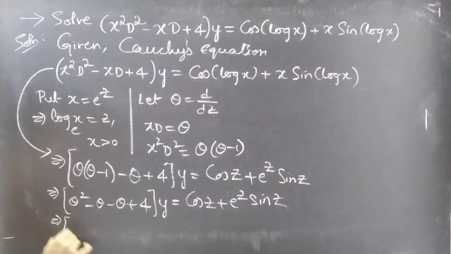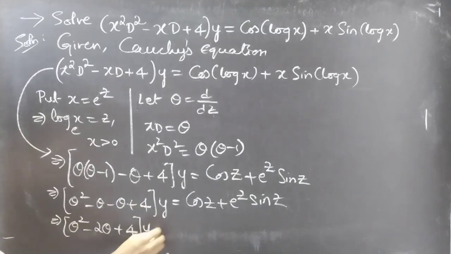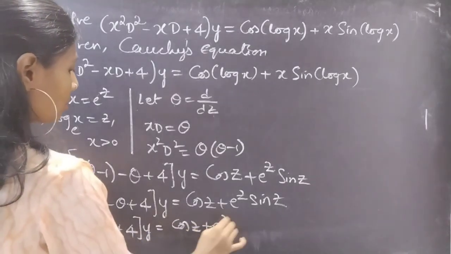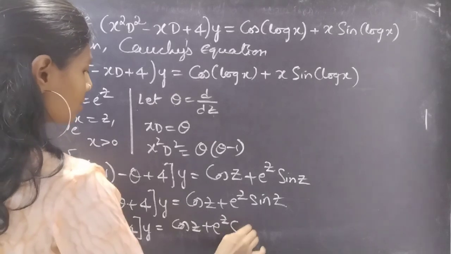This becomes (θ² − 2θ + 4) y equal to cos z plus e^z sin z.